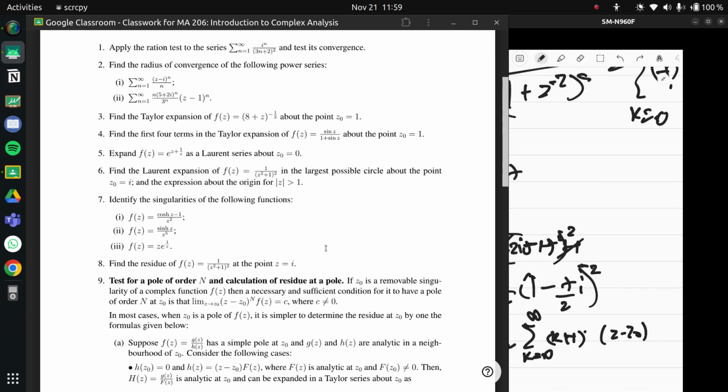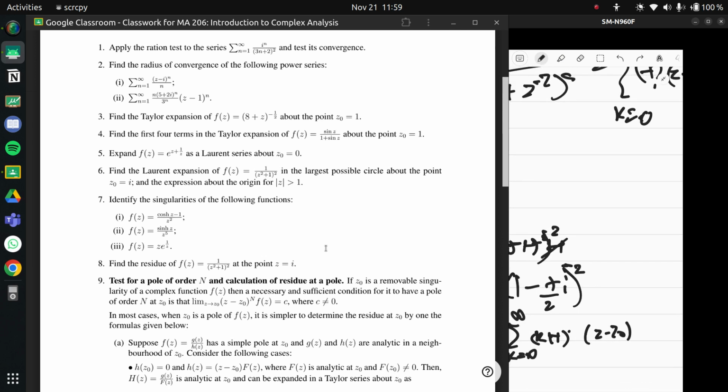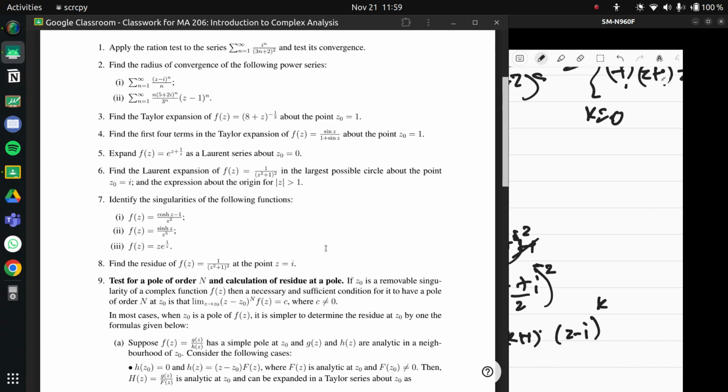It's just the thing, ti by 2, that's whatever power you want. So z minus z naught, or z naught is just iota over here, so z minus iota to the power of k, yes, the negative iota by 2 to the power of k. Well, not negative, it's just iota by 2 to the power of k. That's better.